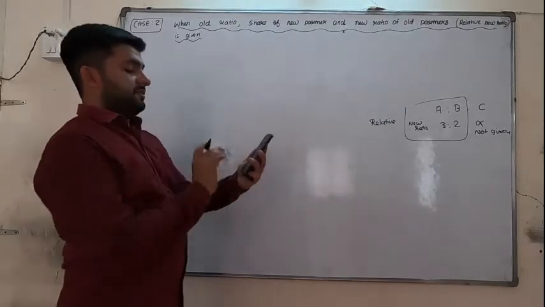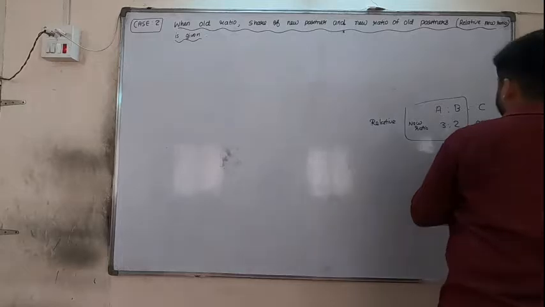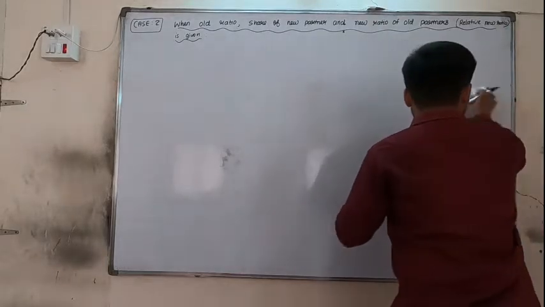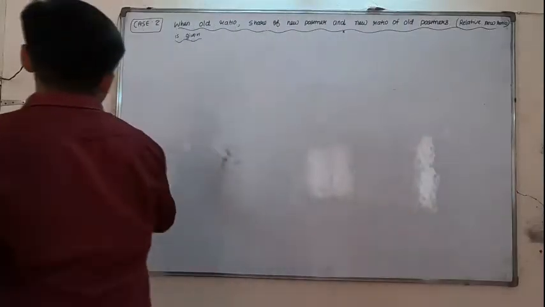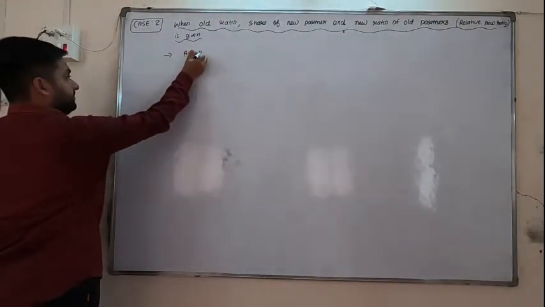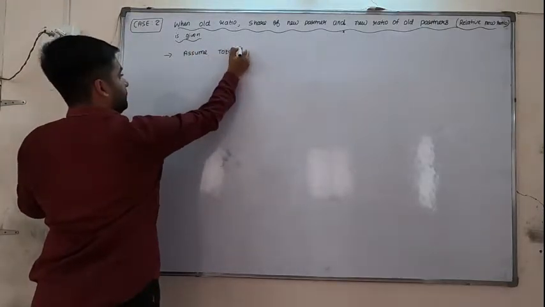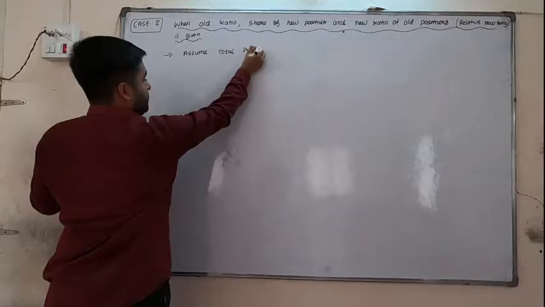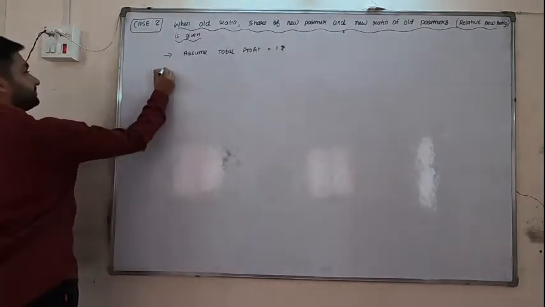At that time what steps will be used? Again, as I said, all the steps will be the same excluding one step. Assume total profit 1 rupee.